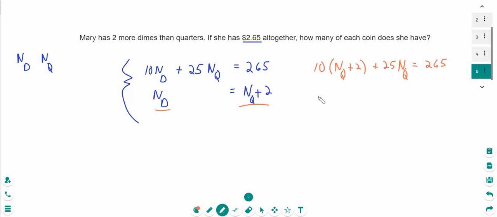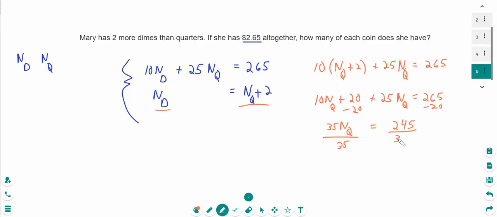So we multiply the 10 through, and we get 10 n sub q plus 20 plus 25 n sub q is equal to 265. And we can combine our like terms, and we get 35 n sub q. And then if I subtract this 20 from both sides, I'm going to end up with 245 on my right side. Then I can divide both sides by 35.